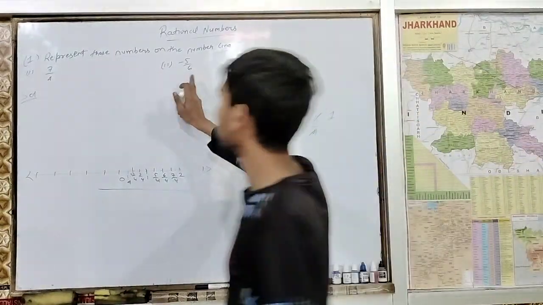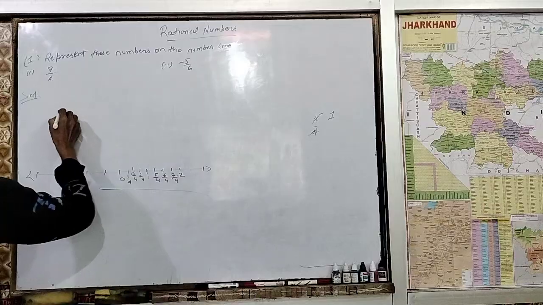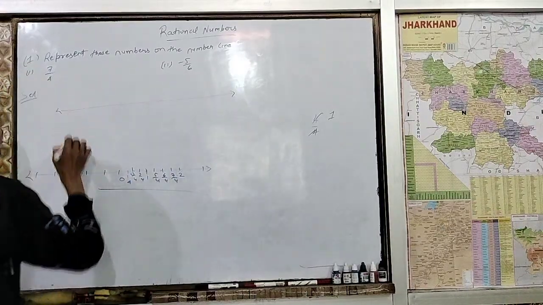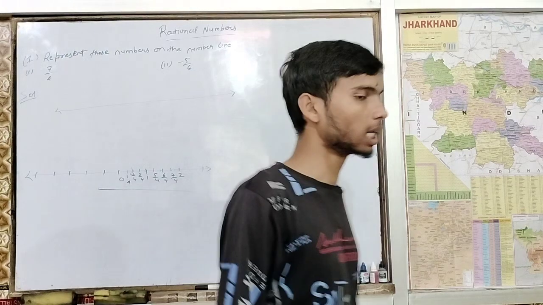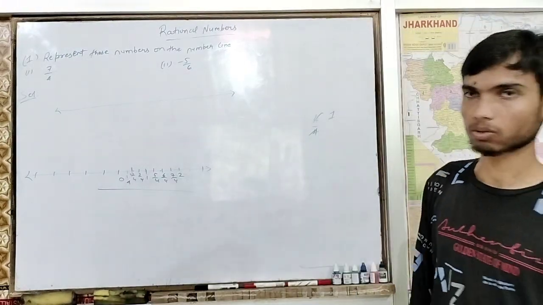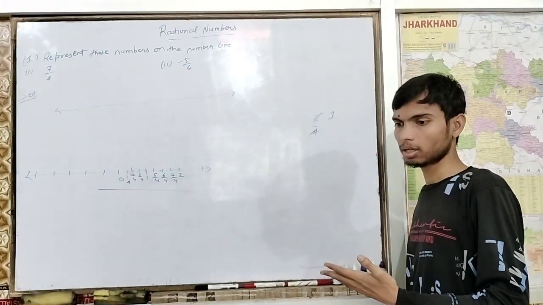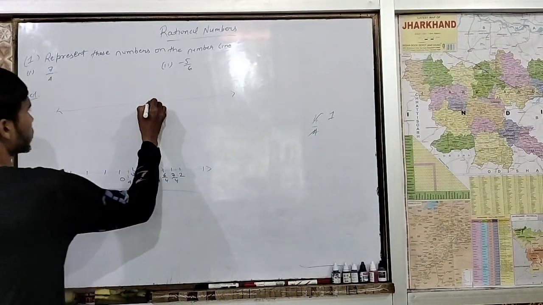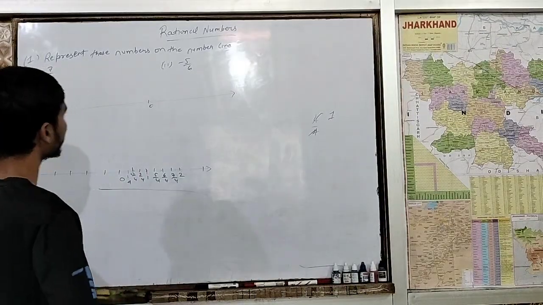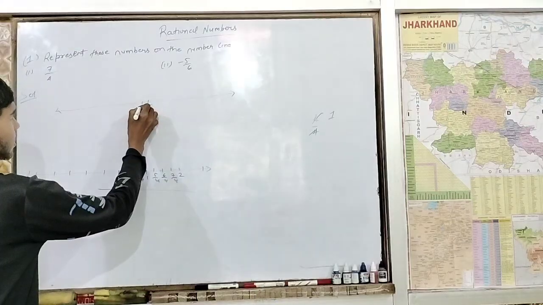Okay, what about this fraction? Look over here. We know that if we write 6 here, it will become minus 1. So can we say it is just behind minus 1? So 0 is over here, and we will start from here.